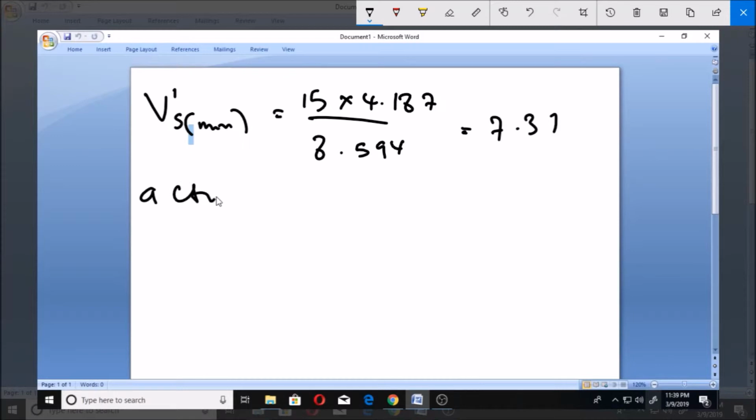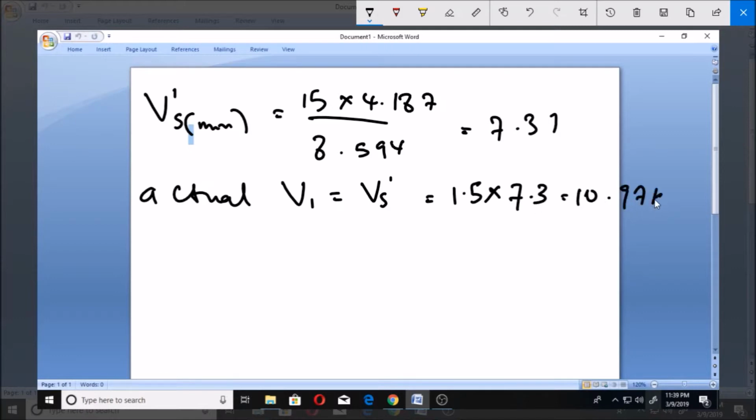But we know that the actual Vs equals Vs prime, which is equal to 1.5 times the minimum, because it told us it's 1.5 times the minimum. The minimum is 7.3, which will now give us 10.97 kilogram dry air per second. So having this, we can now find the actual slope.